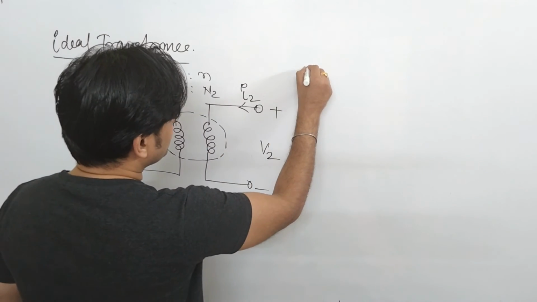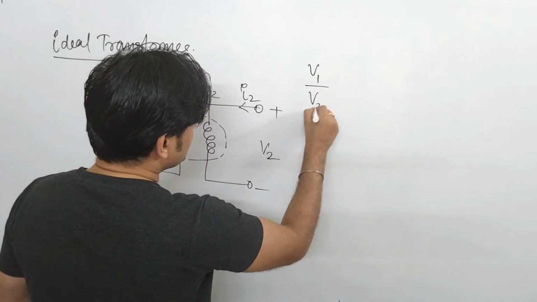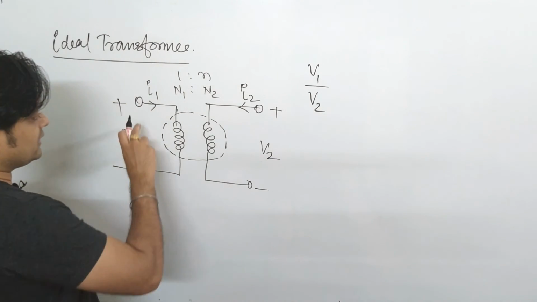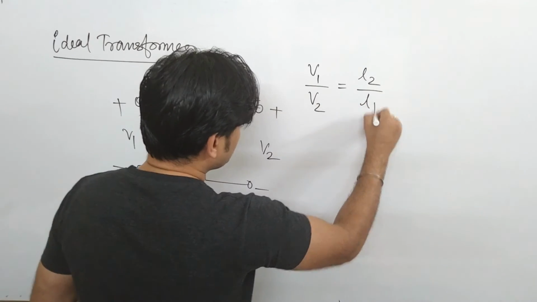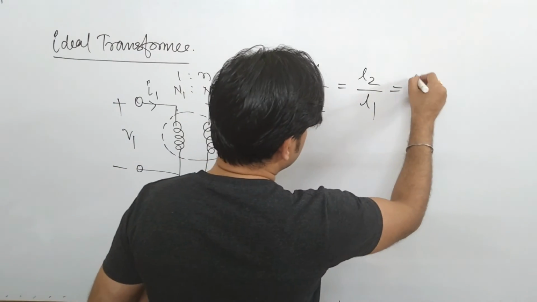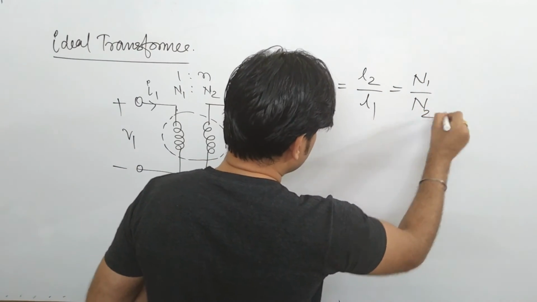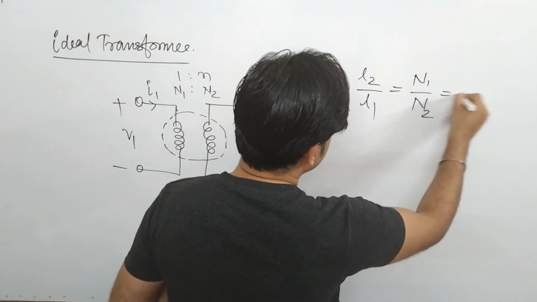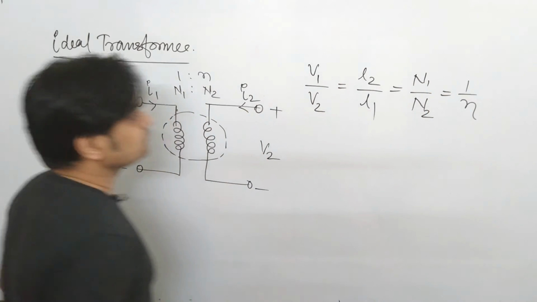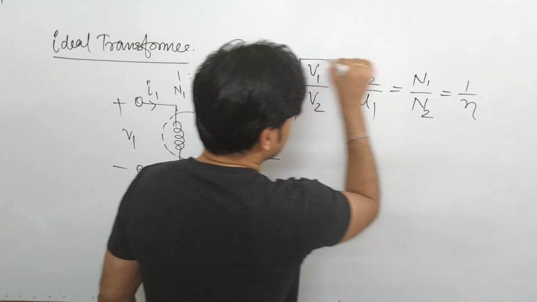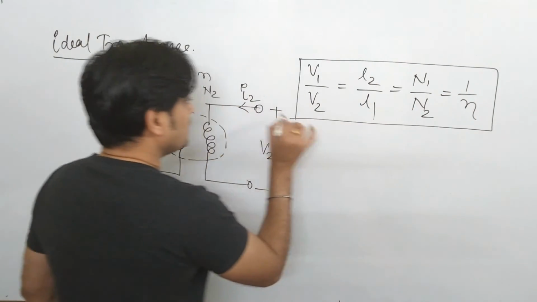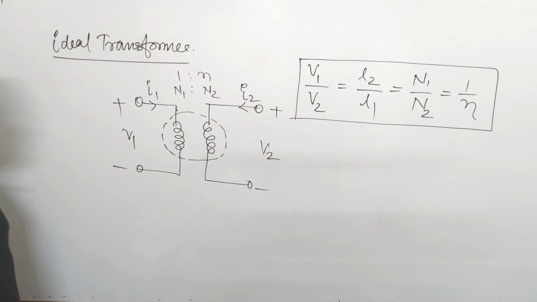So we know that the voltage or current relation of the transformer, that is V1 upon V2, is given by I2 upon I1, that is equal to N1 ratio N2, or here it is 1 by N. This is a very important equation of a transformer, and with this equation you can solve several numerical problems.